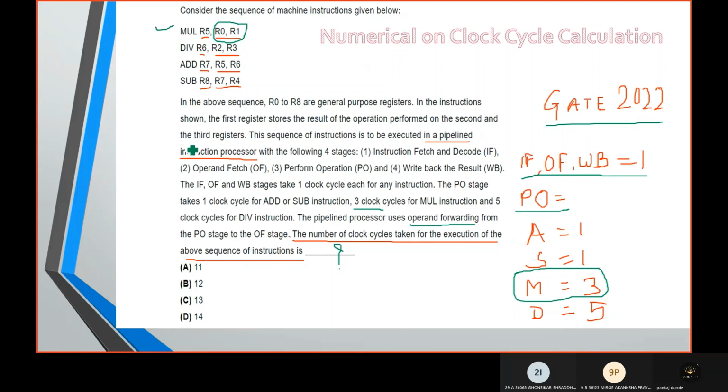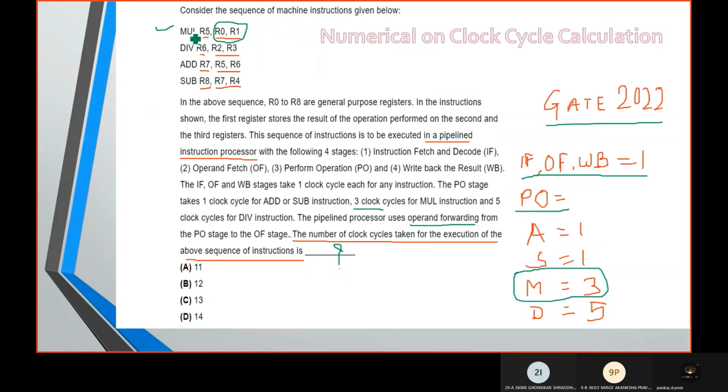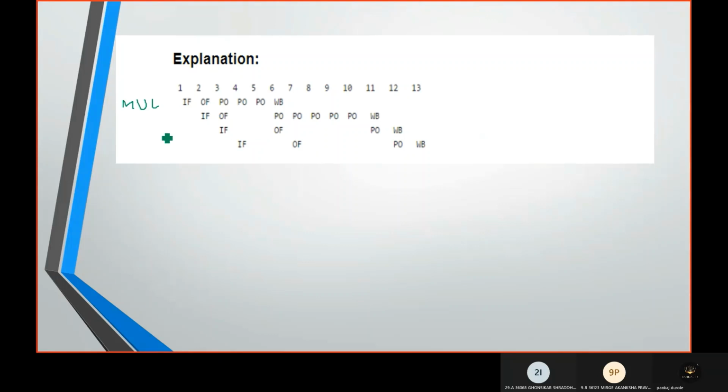Now let's move ahead. The very first instruction is the multiplication instruction. Obviously, we first do the stage instruction fetch and decode. Here I have written numerical values 1, 2, 3, 4, 5, 6, a limited number of values, and we do the operation over here.